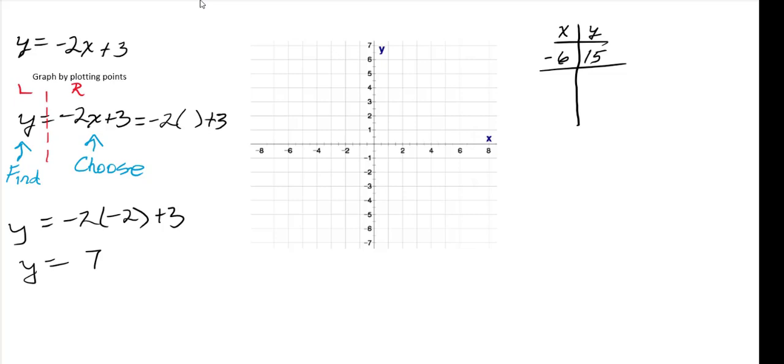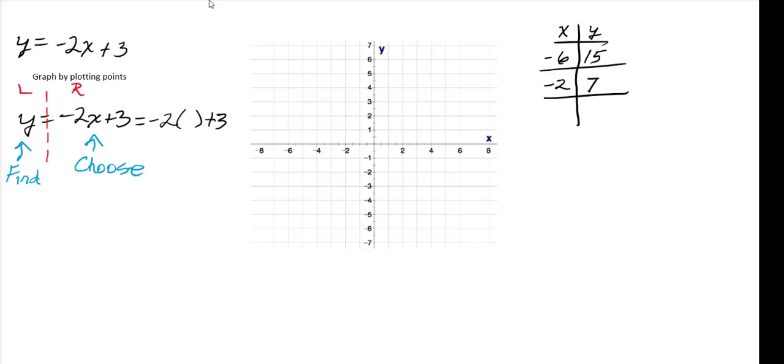Okay, so when I chose -2 to be x, I got 7 as my y. Okay, let's do this again. Let's generate another point. So that's what we're doing. We're generating this table. We're just coming up with pairs of numbers that represent solutions to this equation.